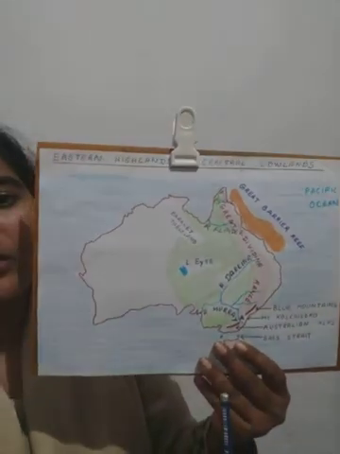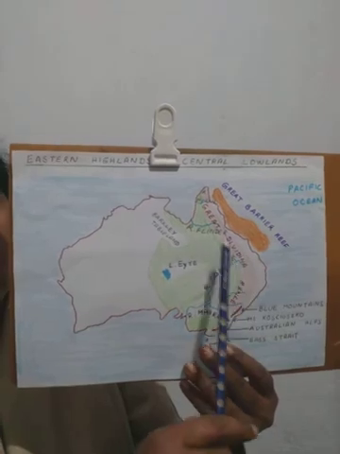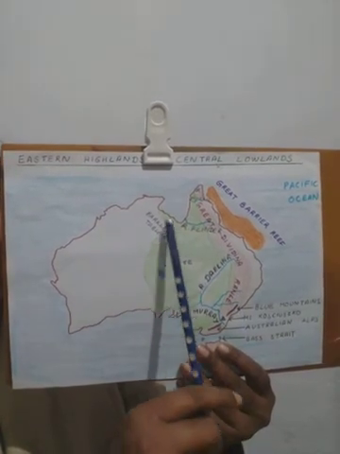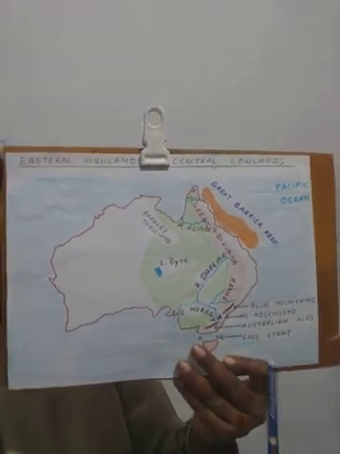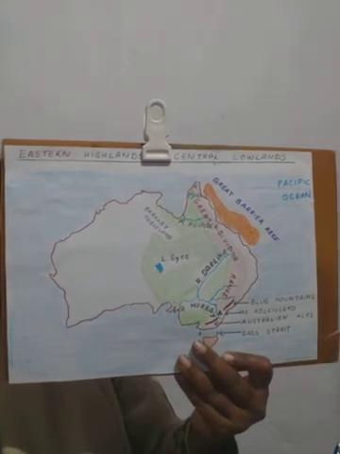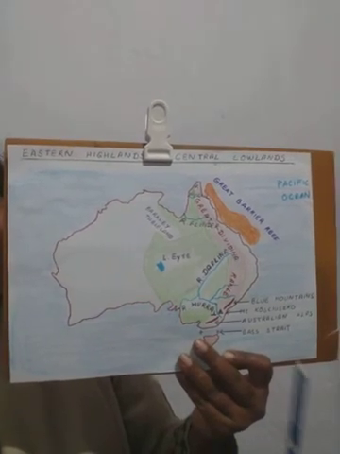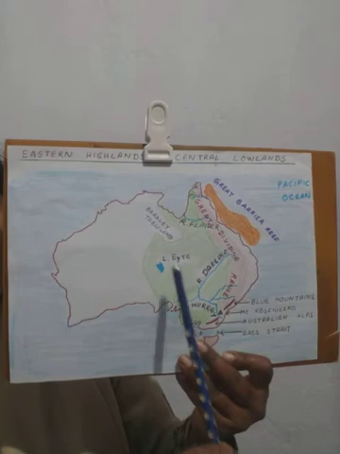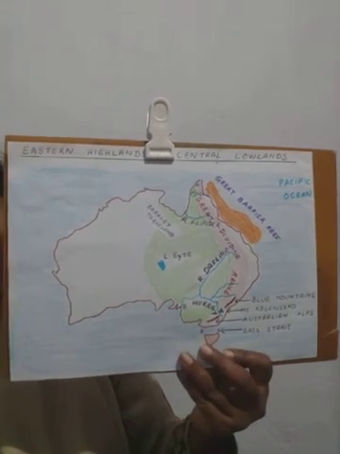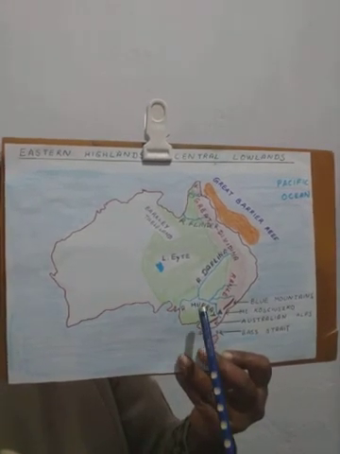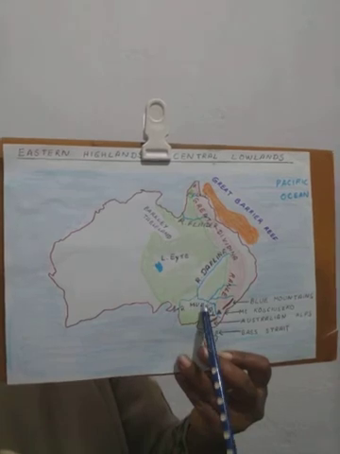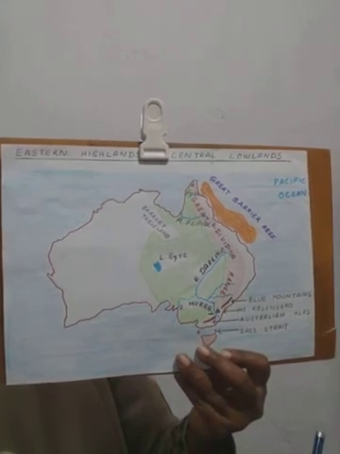Next we shall talk about Central Lowlands. Here, to the west of the Eastern Highlands, the green shaded portion is our Central Lowlands, which is again divided into three parts. The first is in the south, the river Murray-Darling Basin.